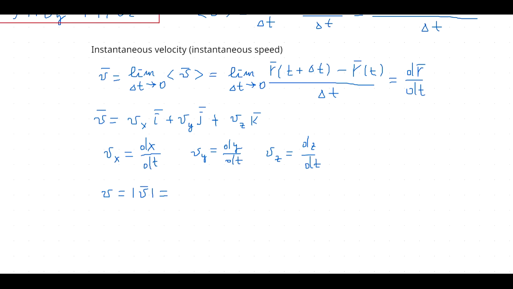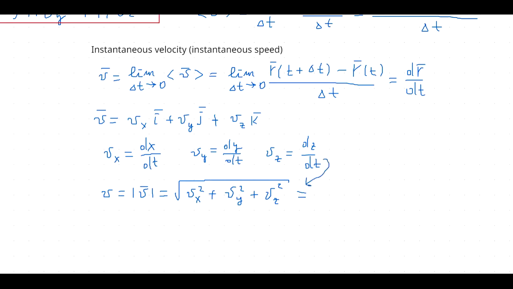According to the Pythagoras theorem, it may be calculated from the coordinates of the vector, as the square root of the sum of squares. Let's make a substitution.